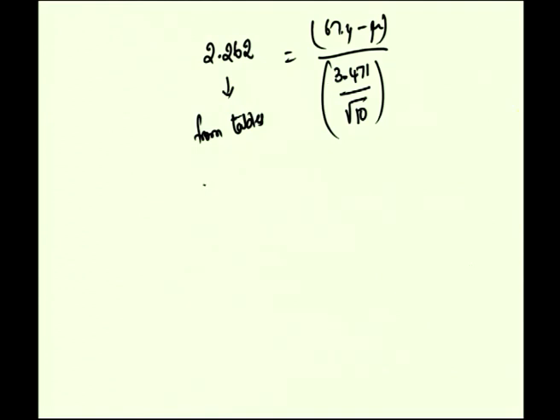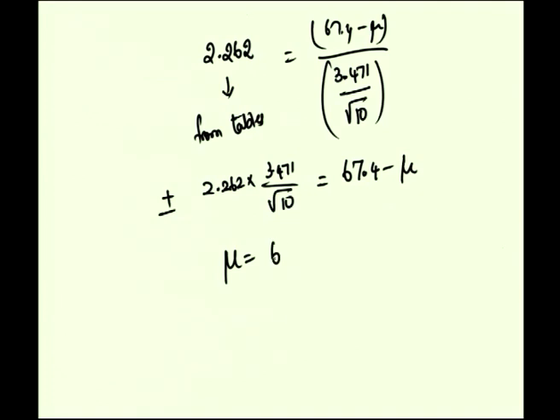Just cross multiplying, 2.262 into 3.471 by root 10. Here you have plus or minus because of the modulus, which is 67.4 minus mu. Therefore, mu is equal to 67.4 plus or minus 2.4828. Okay. Adding you will have one value and subtracting you will have another value.